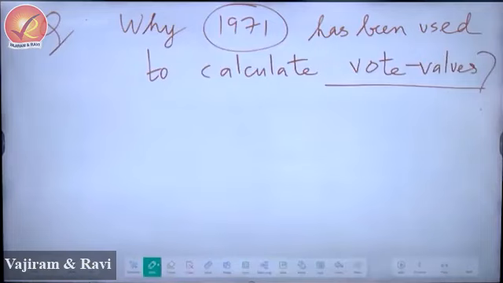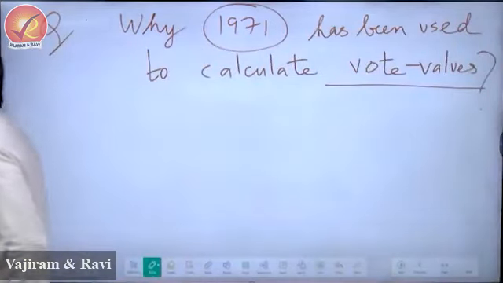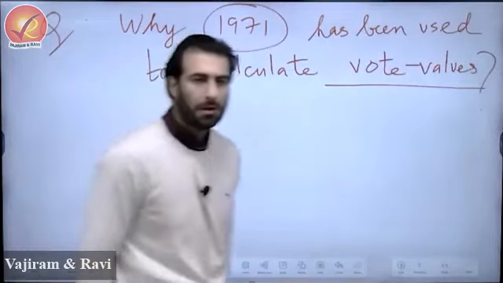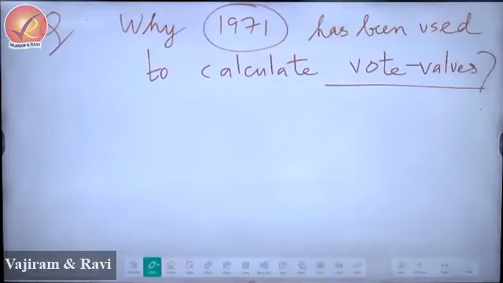Write down. The 1971 census is used to calculate the vote values to encourage the states to adopt, underline this phrase, this is a very common phrase, all of you must have encountered it sometime in your life, population control measures.